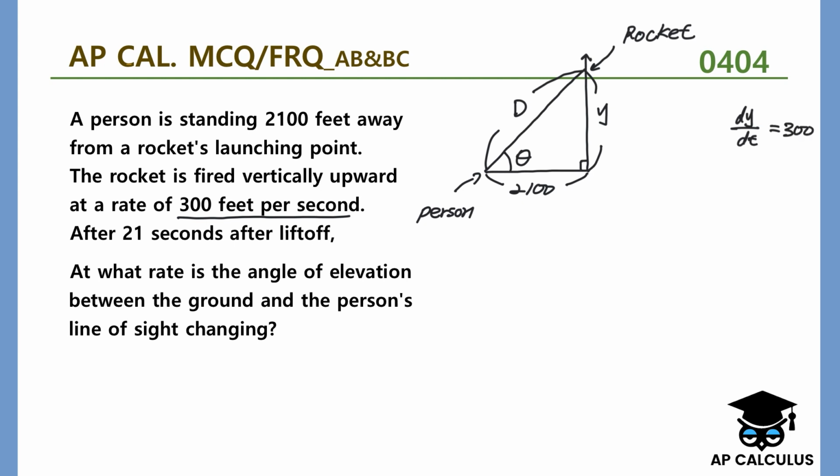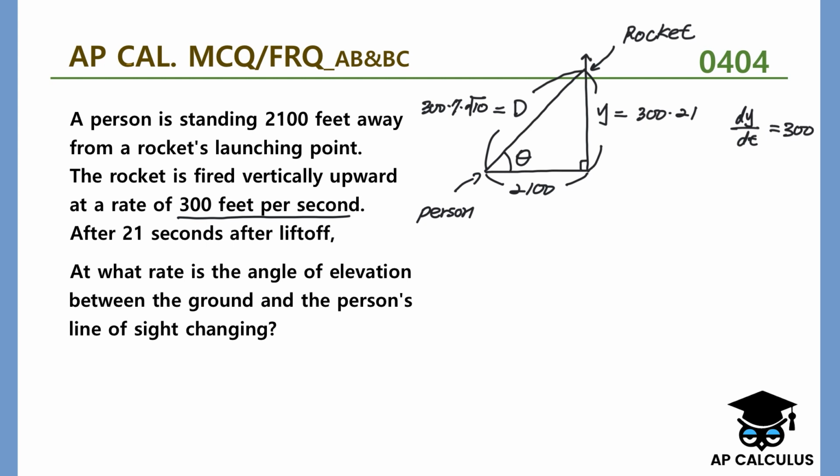After 21 seconds of liftoff, y was 300 times 21. And we also found the distance d from the person to the rocket, which was 300 times 7 times the square root of 10. We found this from question 403.